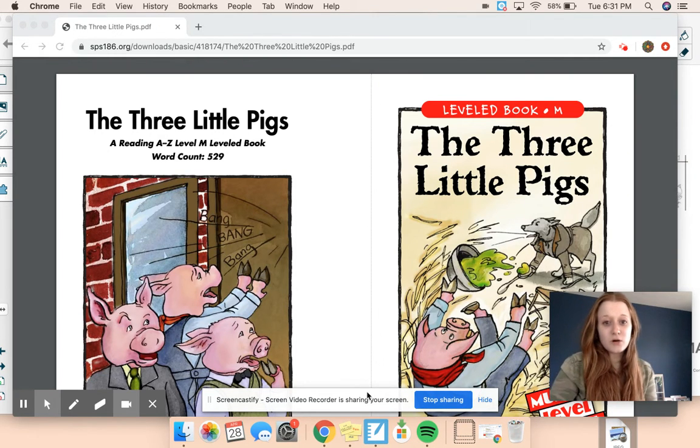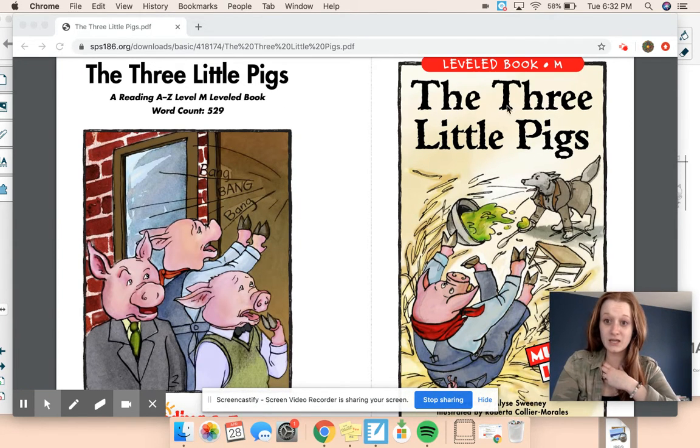Okay? So taking a look here at your screen, where my mouse is, let's start with the title. The Three Little Pigs. Please follow along with me, just as you did last week, because it will help you recognize words that you might not know yet.